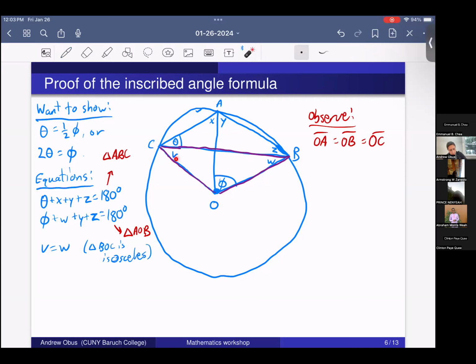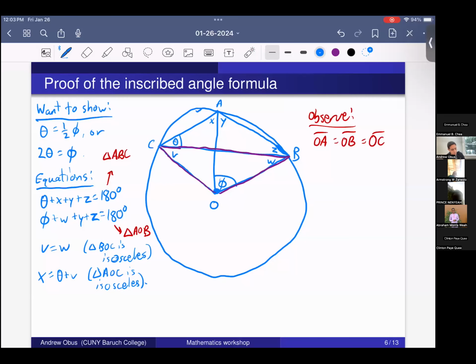So these two angles, angle V has to be equal to angle W. And now also, because this triangle here, AOC, is isosceles, this angle X has to be equal to this angle. So X has to be equal to theta plus V. So I'm going to write X equals theta plus V. This is because triangle AOC is isosceles.